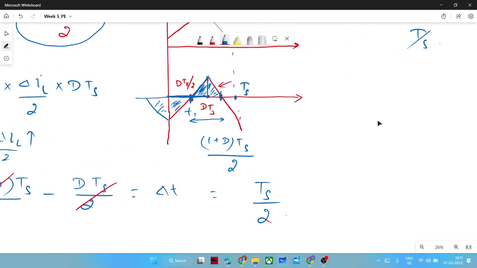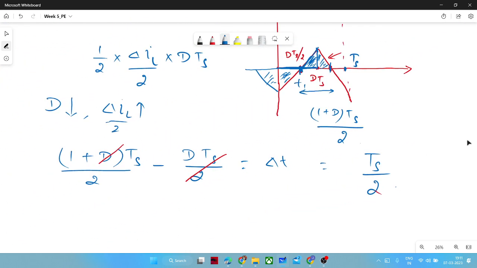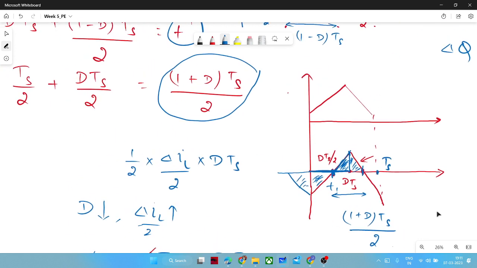So let me explain it once again. T3 we computed, right? T3 is nothing but this point, and we have T1 at this point.